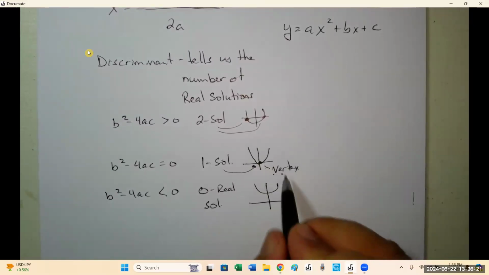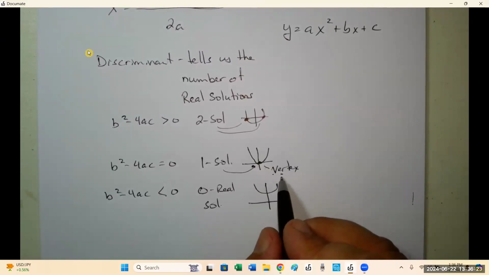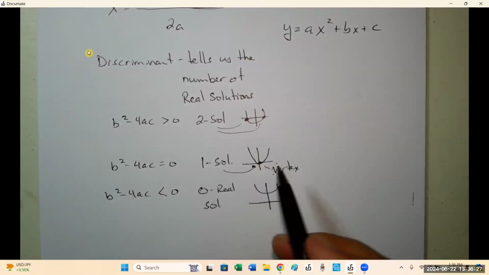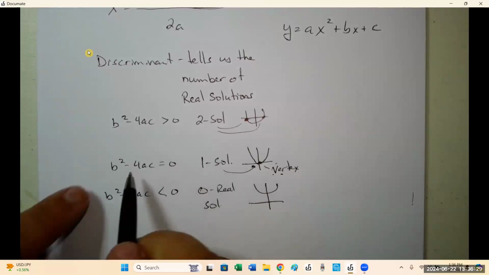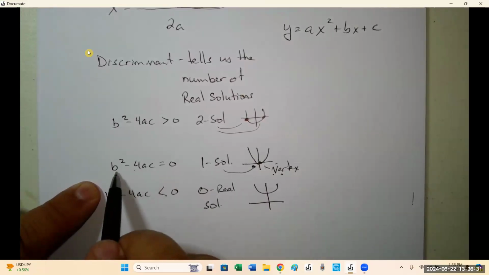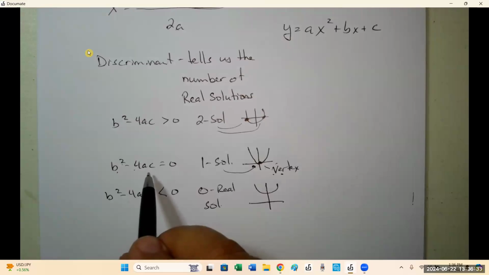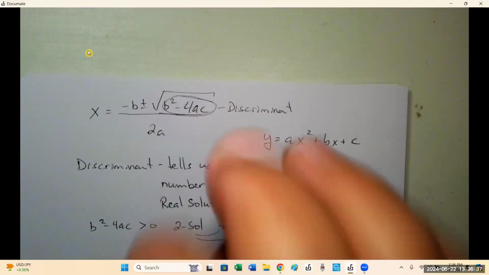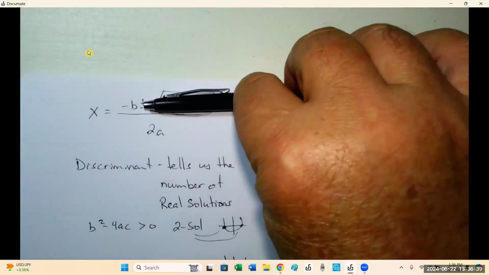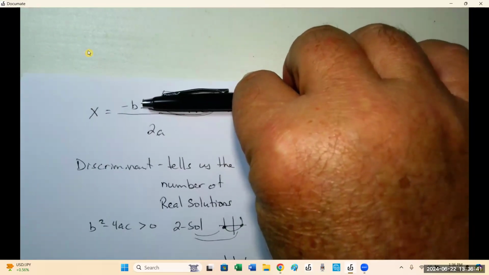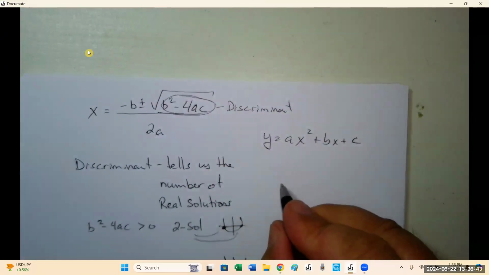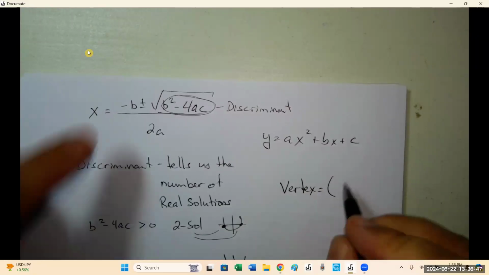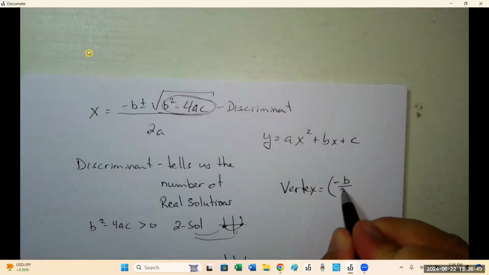So the question is, how do we find the vertex? The vertex formula, it's a point. The vertex is a point. Since we know the vertex comes whenever b squared minus 4ac equals 0, which means this part is 0, that means the x value of the vertex is equal to negative b over 2a.